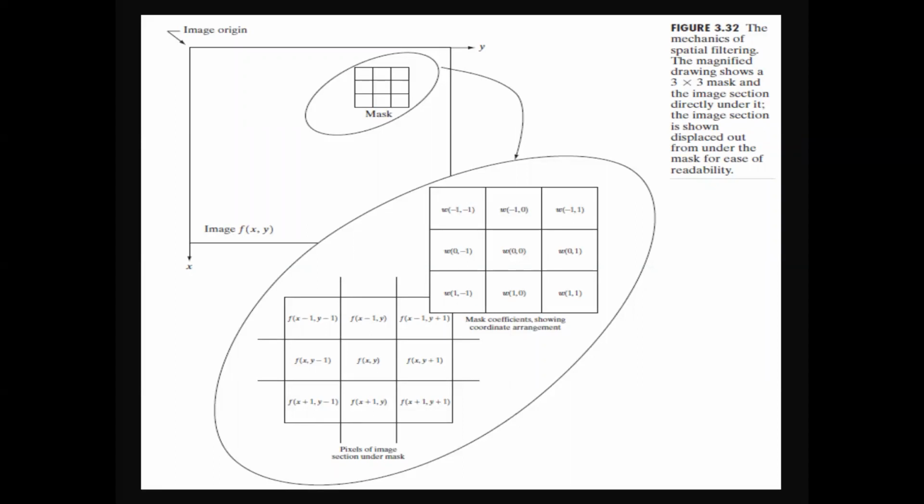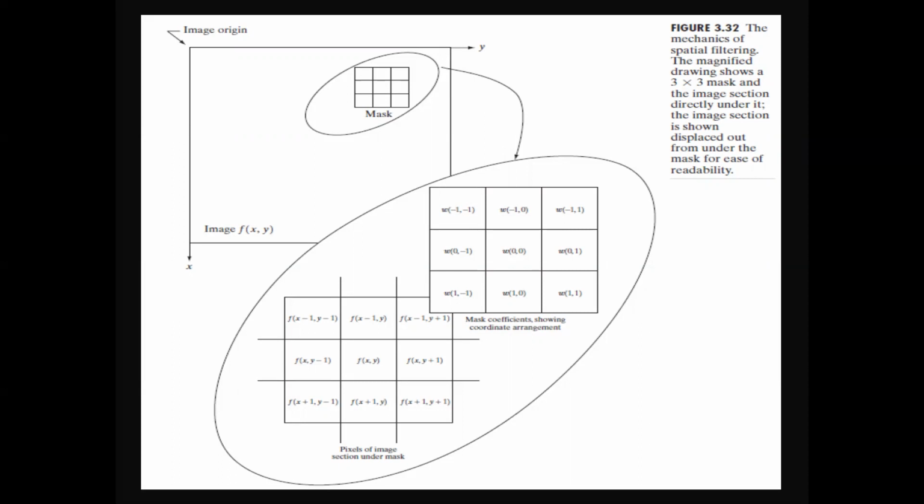One is the filter mask, and the second is the pixels of the image section under the filter mask. The filter mask is placed on the pixels of the image section under the mask.